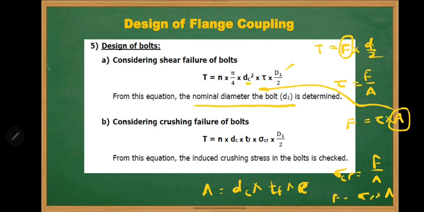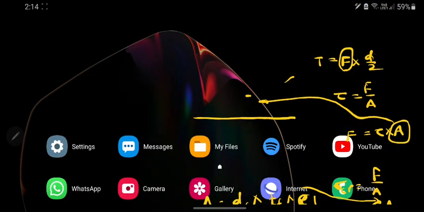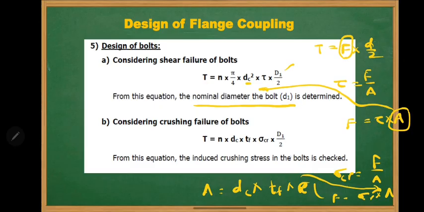Put the value of area and force in the basic torque equation, and you will get T is equal to N multiplied by dc multiplied by tf multiplied by sigma CR multiplied by d1 by 2. From this equation, the induced crushing stress in the bolts is checked.